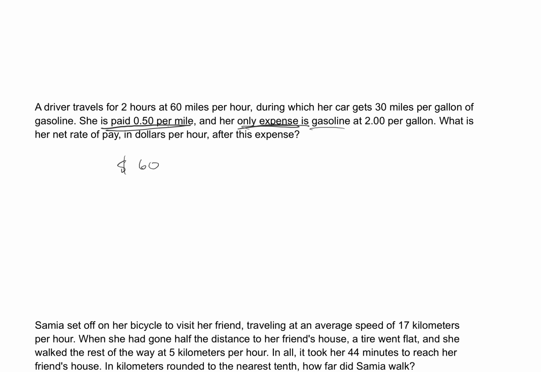She's paying for the gasoline herself, and people are paying her to drive. So the $8 is taken out of her own wallet. Yeah. So the expense is something that she's paying, and this is what she's getting paid.